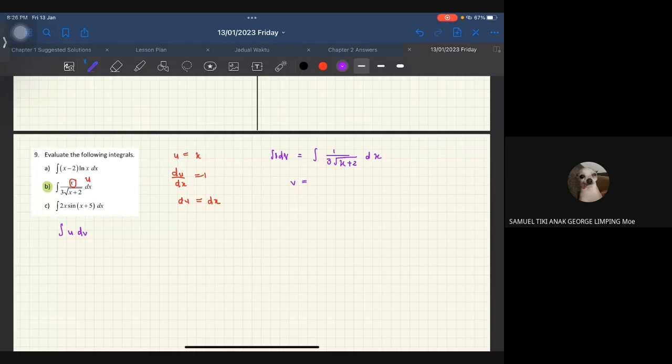For the right hand side, we have a constant, 1/3. I will bring the 1/3 to the front and then put the integral sign. This one I want to bring up, because it is going to be easier for us to integrate later. So I bring it up and get x plus 2 with power of -1/2. Please be careful here. When we have a square root, the power is 1/2. Sitting at the bottom, the power is positive; bringing it up, the power must be negative. Then put dx.